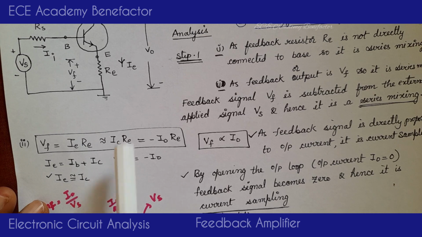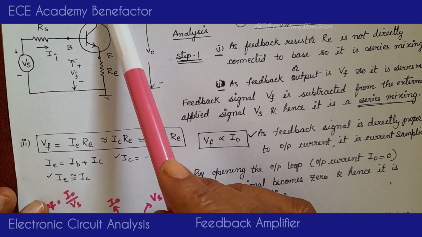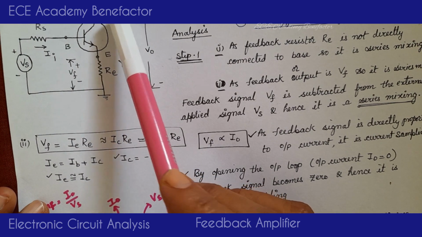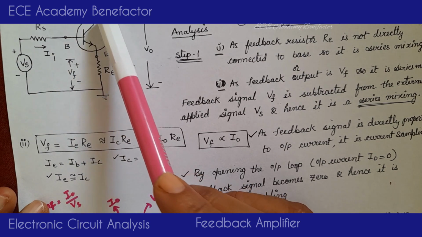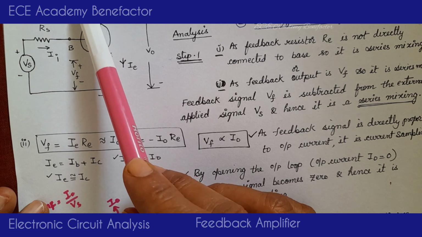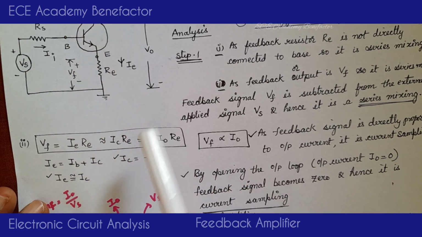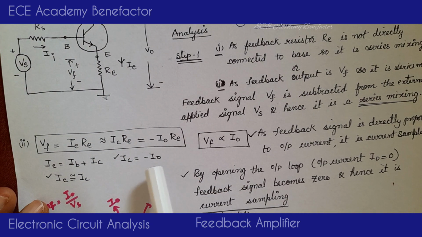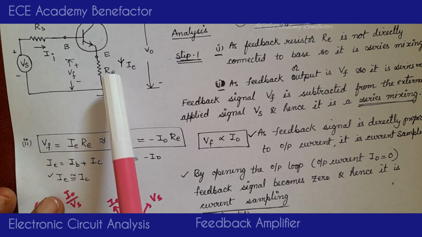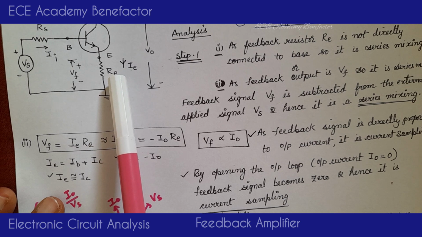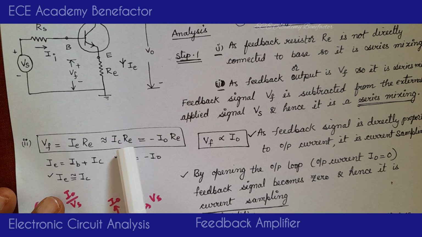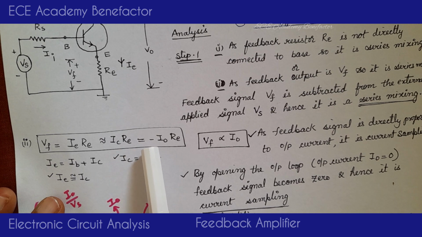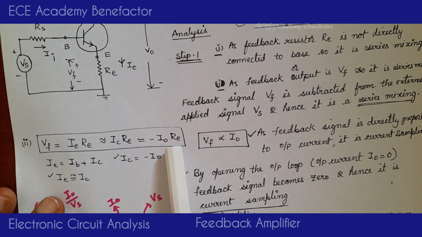And what is IC equal to? The collector current flowing through this collector terminal. It has a relation with the output current I0. IC is flowing in this direction and I0 is in the opposite direction. So we say IC is equal to minus I0. So we get the equation VF is equal to IE RE, which is equal to IC RE, which can also be written as minus I0 RE.